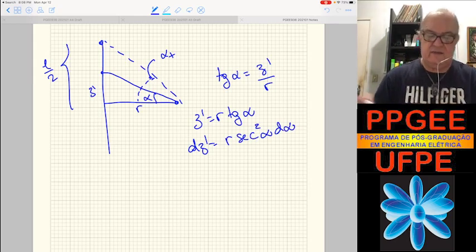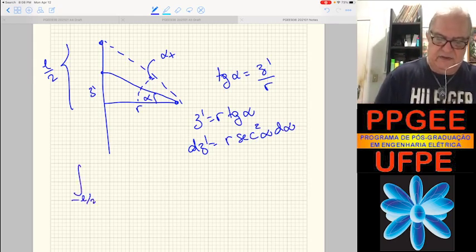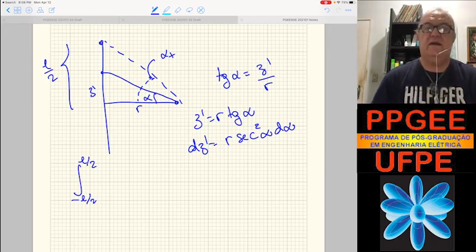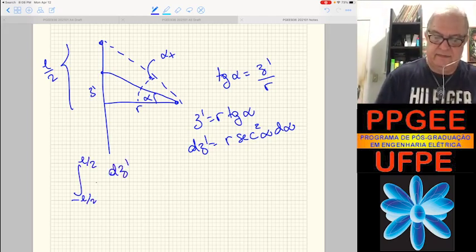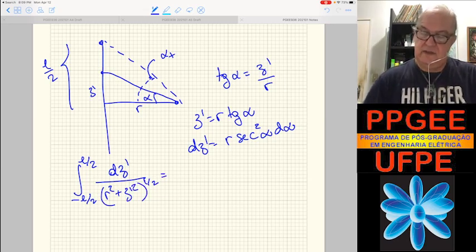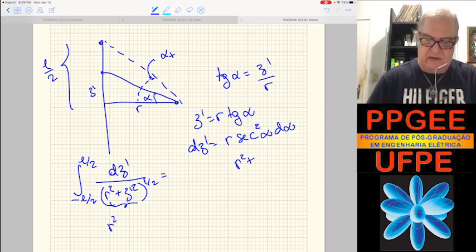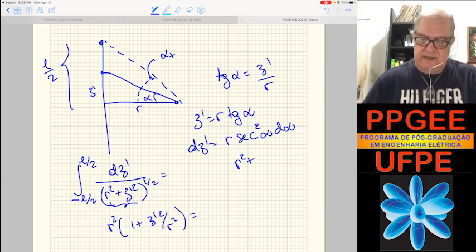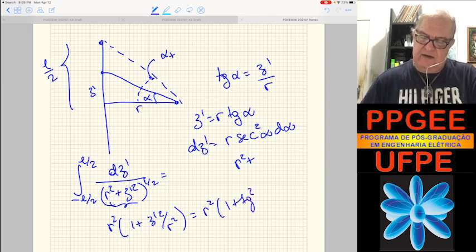So the integral from minus L over 2 to L over 2 of dz prime over, well, r squared as a factor: r squared times 1 plus z prime squared over r squared, which equals r squared times 1 plus tangent squared of alpha.